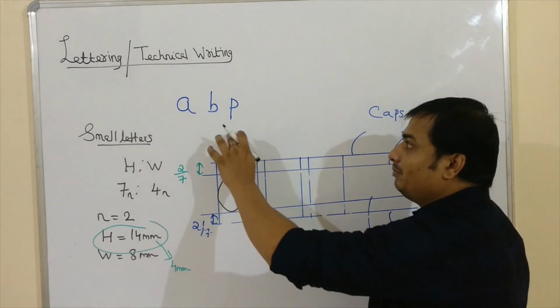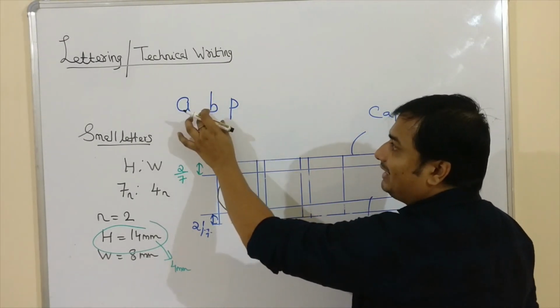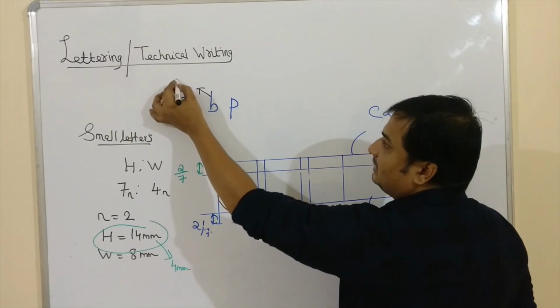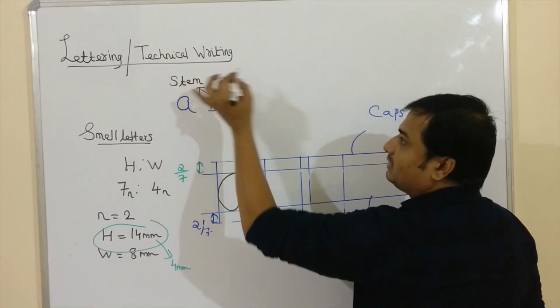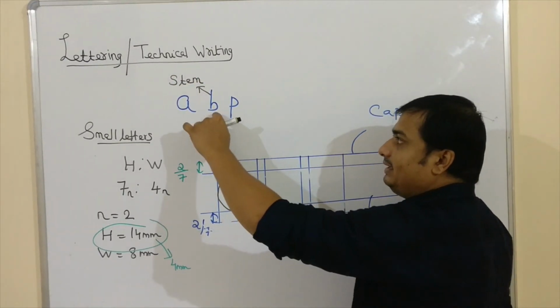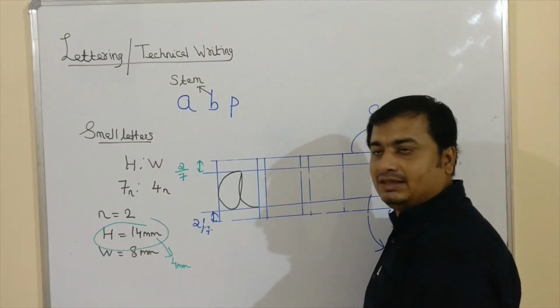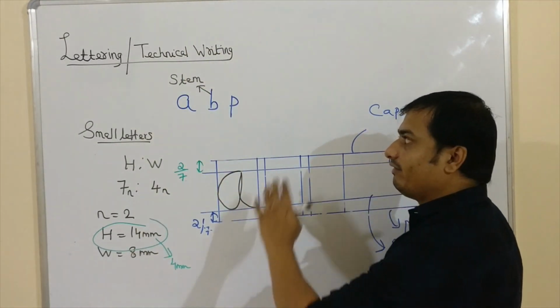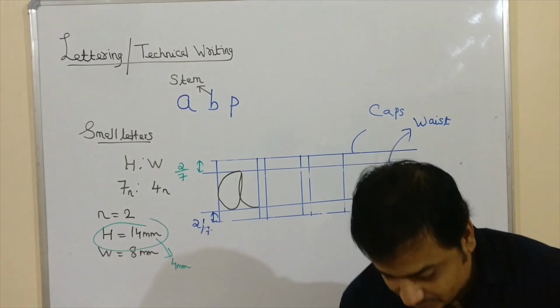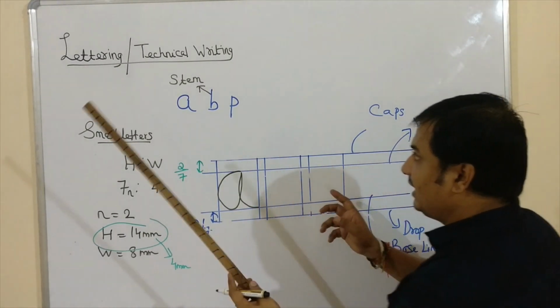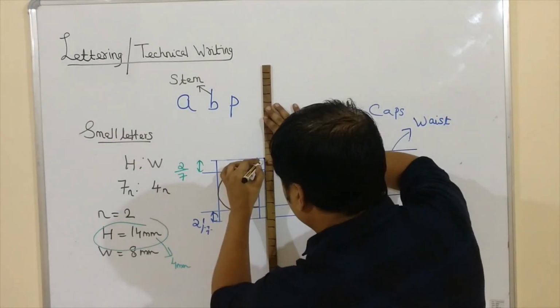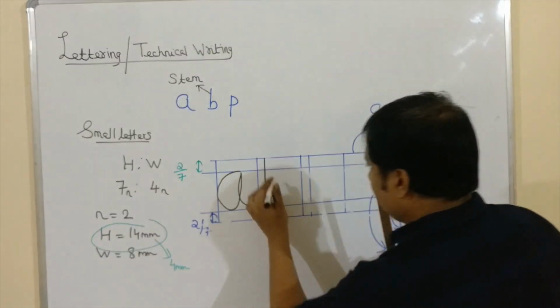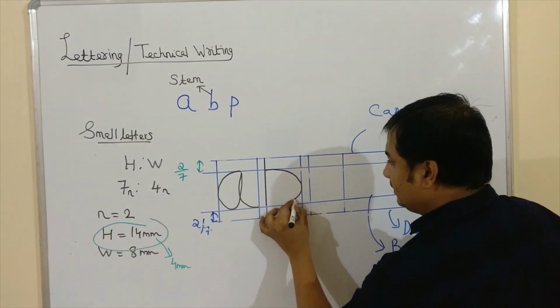But if the alphabet is of type B, this is called the stem. As you can see, the stem of this B is on the upper side. B should be like this.